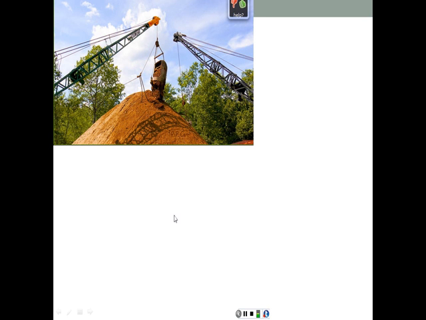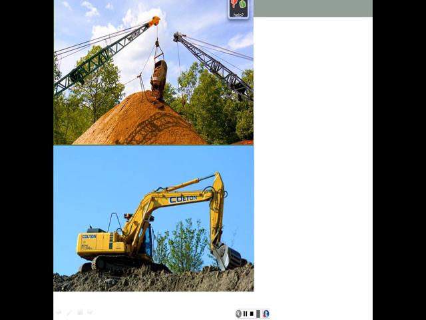This is a drag line. As you can see, the bucket is connected to a crane and it uses its own weight to penetrate through the soil. This line is pulled back so that the drag line can scoop the soil, and then it's dumped somewhere else.